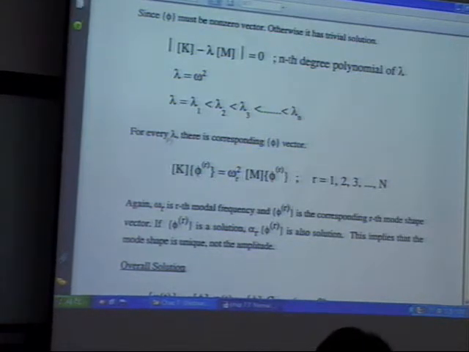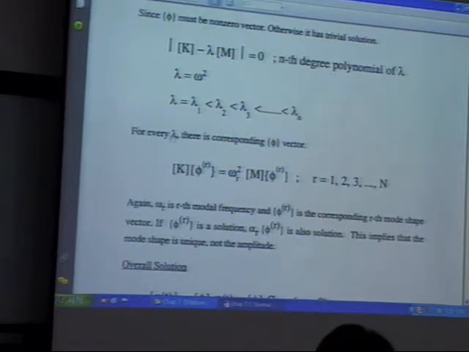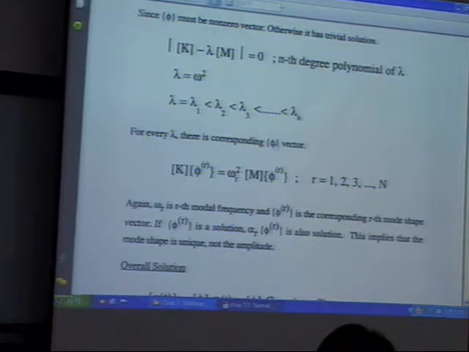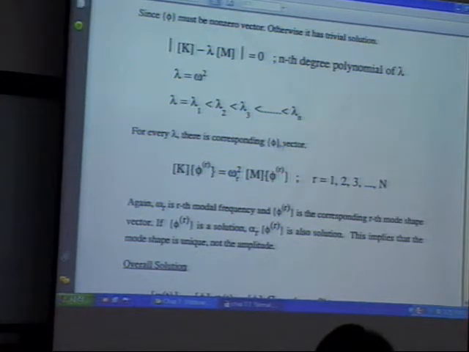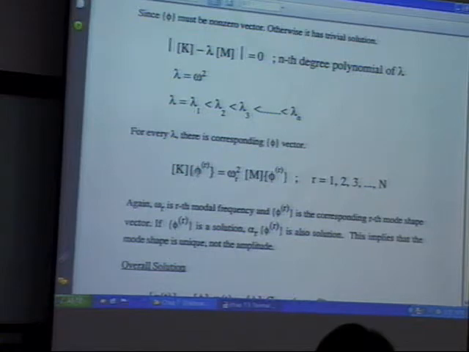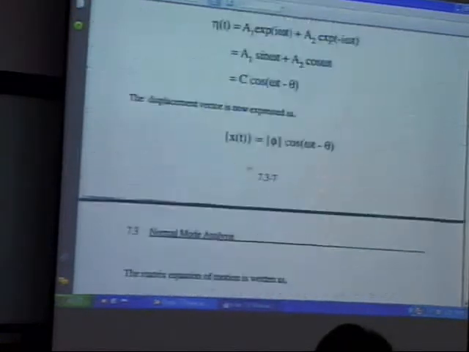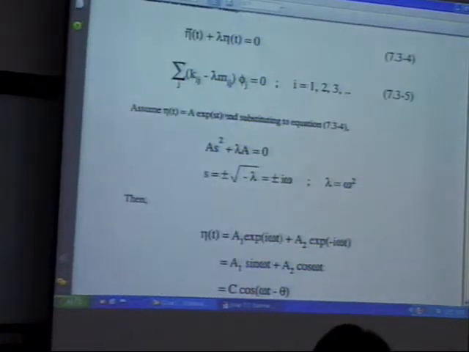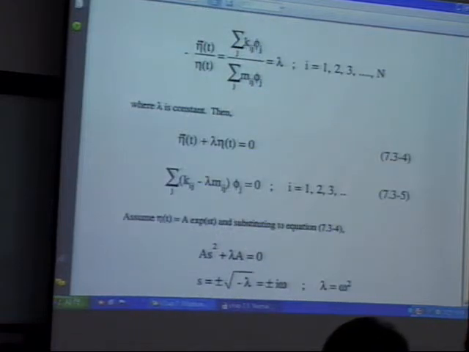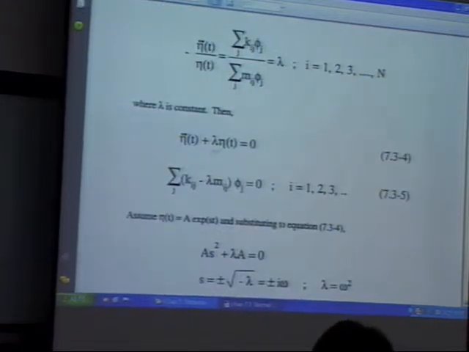So for every lambda, every mode, every eigenvalue, we have to find the corresponding eigenvector or mode shape vector. This is where it comes from. It comes from right here. Right, that one. Or this is equivalent to this.